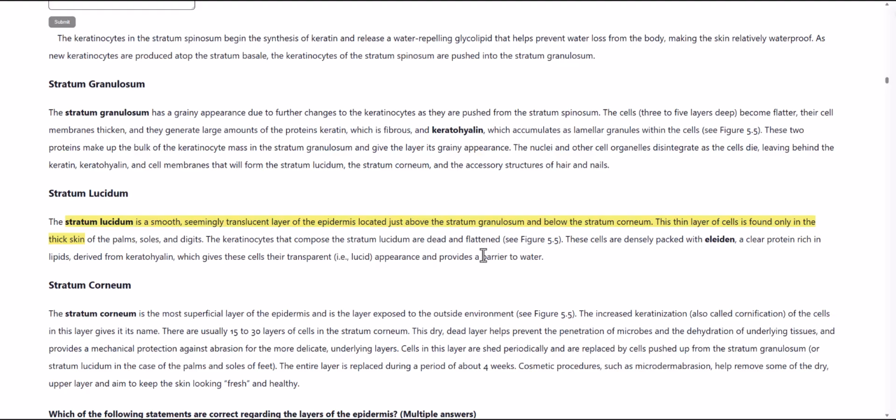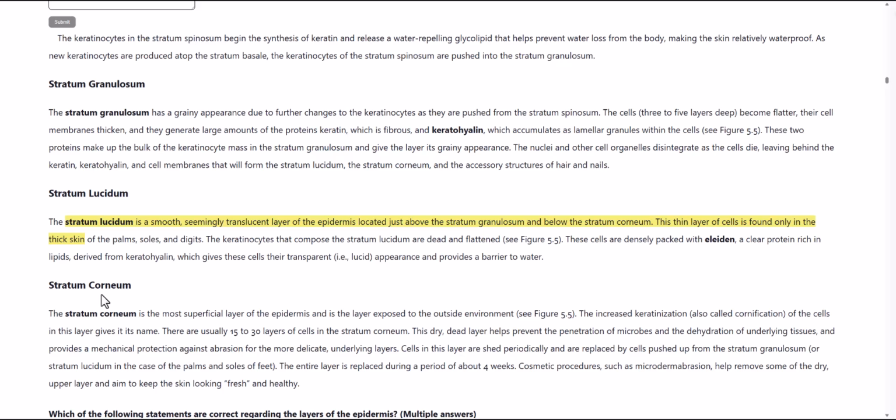And then finally, the top layer is the stratum corneum. And if you've ever had a corn, right, that's a term that's used sometimes for a thickened area of skin. And that is where these cells are completely dead, creating a layer through which it's waterproof, making it difficult for bacteria and things to get through here.